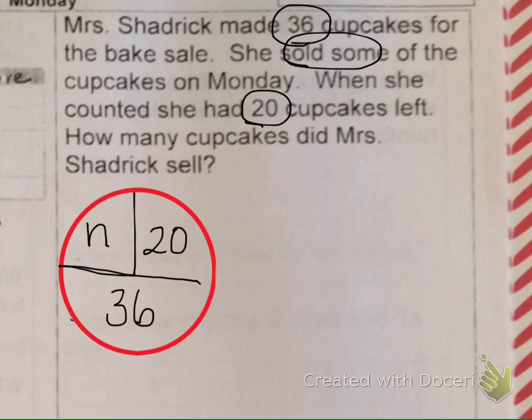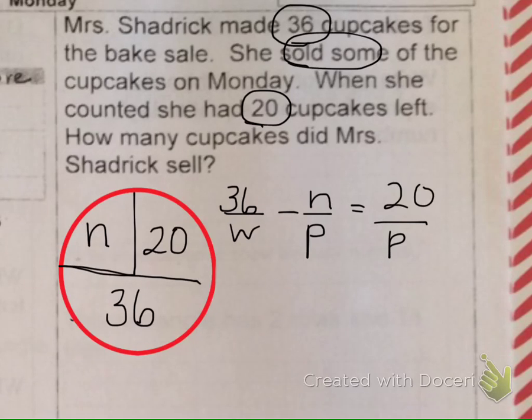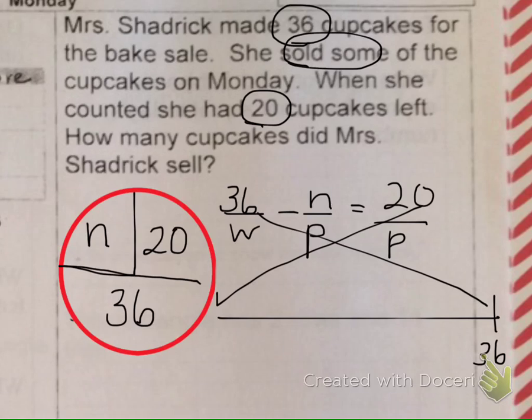Or I could have done it the other way, as a subtraction problem, and I could have done whole minus part equals part. And I know that the whole is 36 minus part, which is n, equals 20. So again, I'm going to find the difference. 36, and I'm going to go to 20 over here. And when you subtract, you go back.